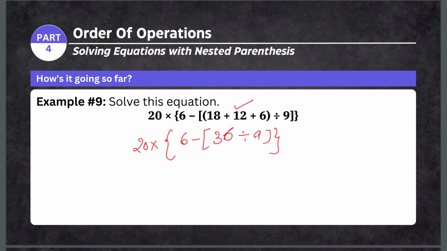Now, 9 times how much is 36? 4. Then again curly bracket. 6 minus 4 is 2. And again we have 20 times 2. So that is 40. 40 is my answer.